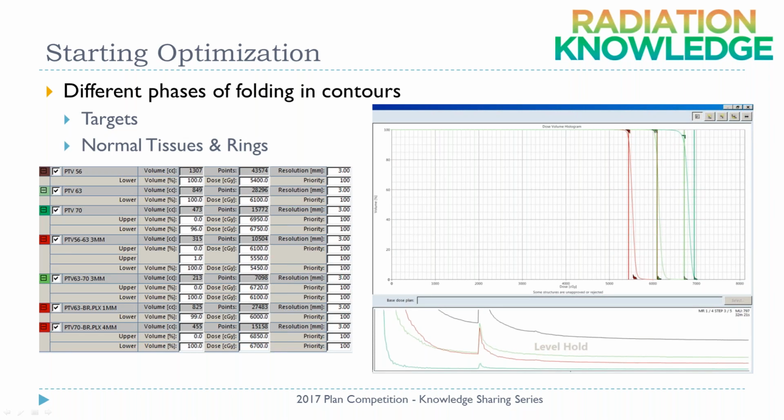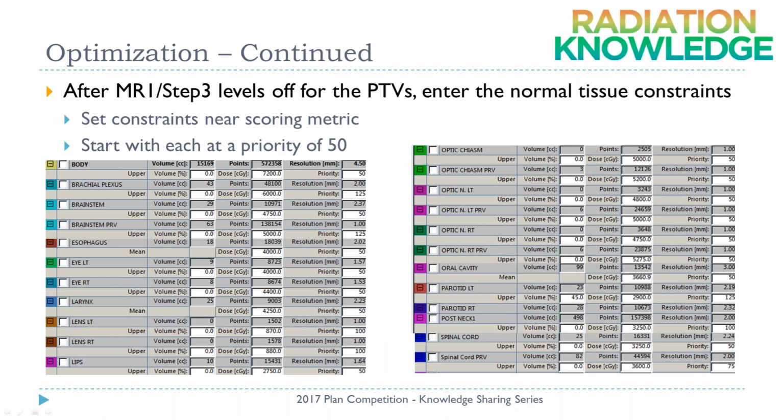So again, I probably wouldn't have waited 30 minutes, but I had to go do something else, and so in that time, it definitely leveled out. And so for bringing in my normal tissues, I would do that in step 3, and for the sake of this competition or this webinar, I initially just gave everything a priority of 50.